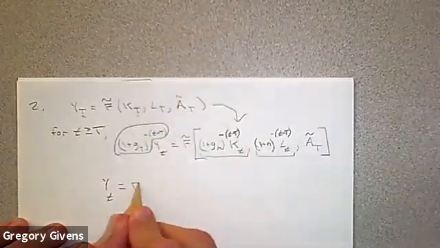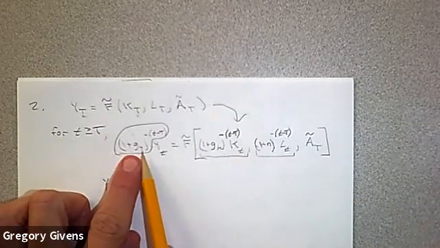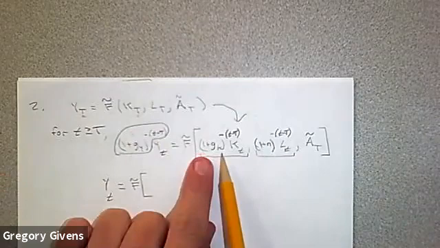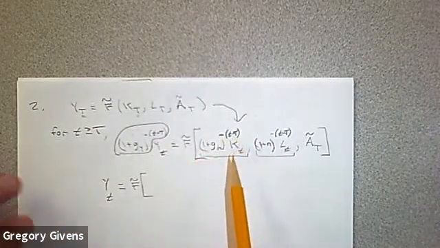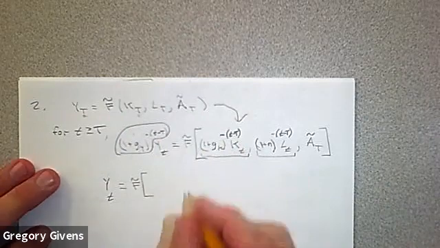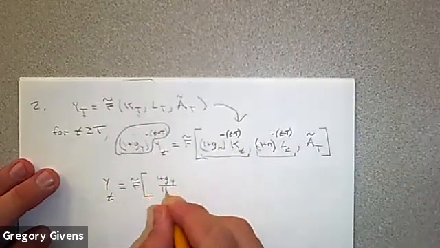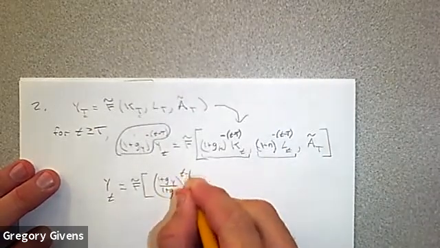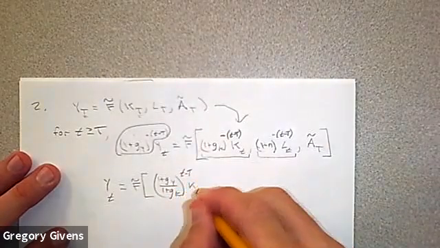So this becomes F tilde. And what is (1 + gy) raised to the t minus cap T times (1 + gk) raised to the negative t minus cap T? Well, that's just (1 + gy) over (1 + gk) raised to the t minus cap T times k_t.